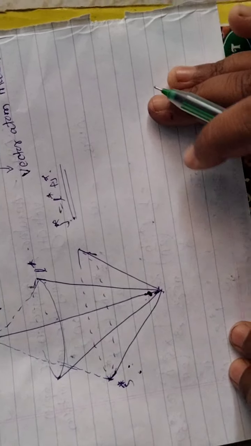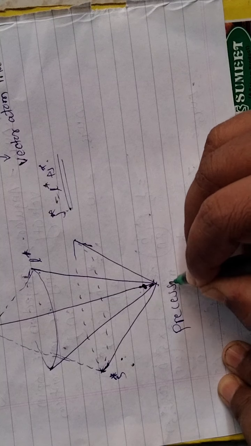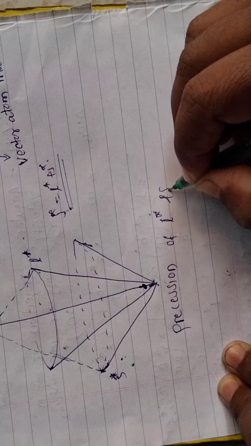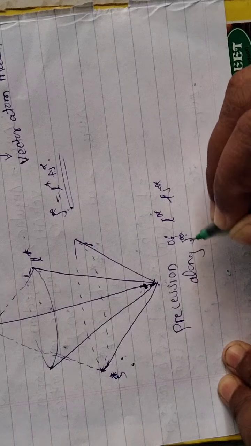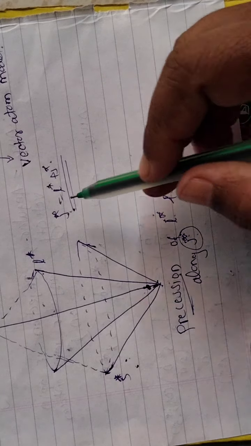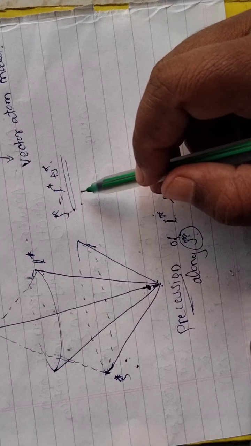Okay, so this figure gives the precession of L star and S star along J star. This precession gives us the resultant angular momentum. This J star is equal to L star plus S star.